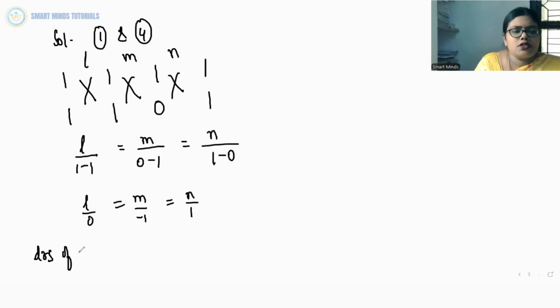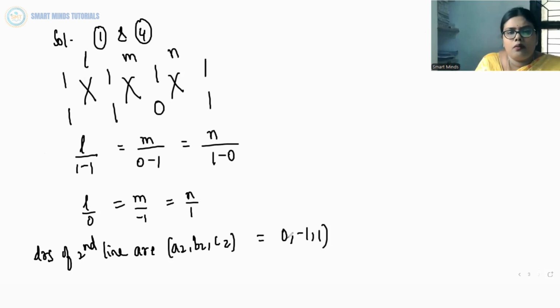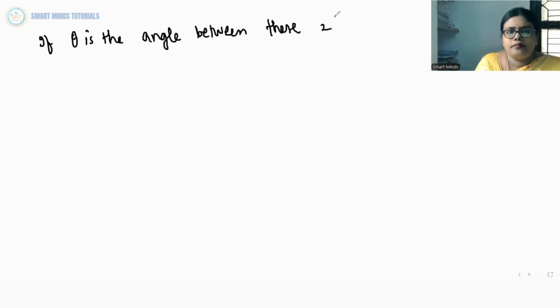Now what are the DRs of the second line? DRs of the second line are a2, b2, c2, that is equal to 0, −1 and 1. This is a2, b2, c2. Got it? Now we got DRs of the first line and DRs of the second line. Now we need to use the cos theta formula. So if theta is the angle between these two lines, then we use the cos theta formula.